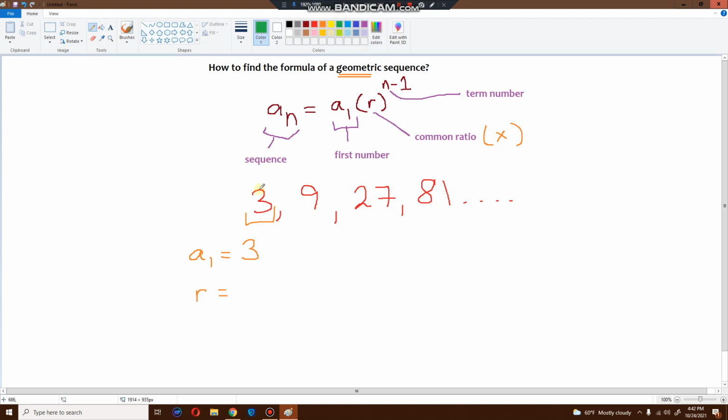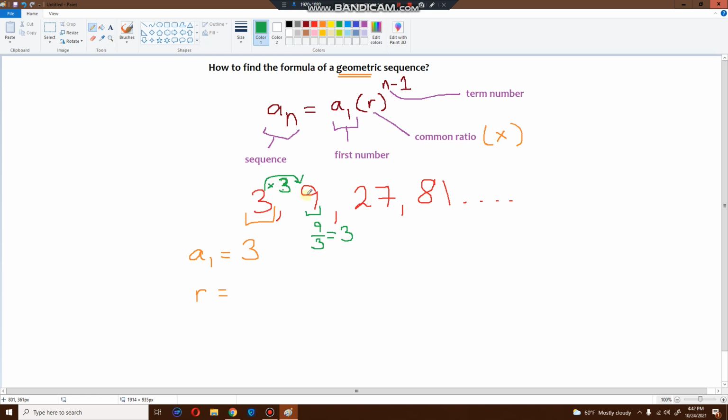So, when you take a look at these numbers in our sequence, you have to ask yourself, how did I go from 3 to 9? What did I multiply in order to go from 3 to 9? To find this out, you can take the second term, 9, and do 9 divided by the first term, which is 3, and 9 divided by 3 is 3. So 3 multiplied by 3 got me 9.